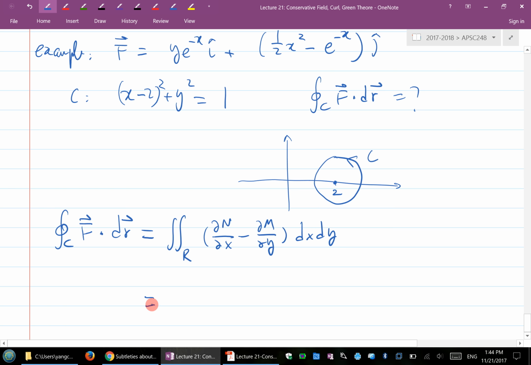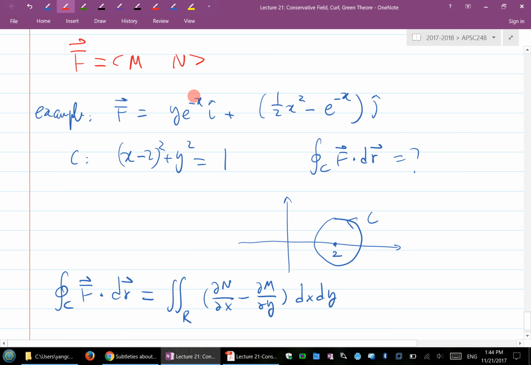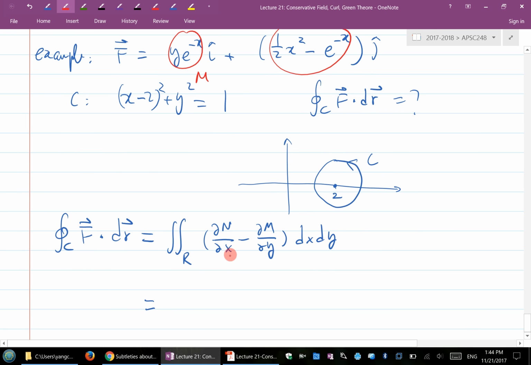Now, I have M here, and we have N here. Okay. So we just have to calculate partial N over partial x and partial M over partial y. That'll give us one, which is x plus e to the power negative x.